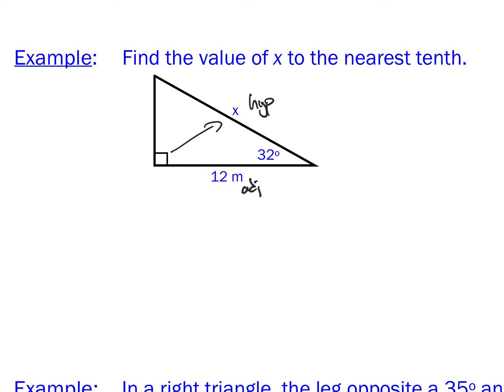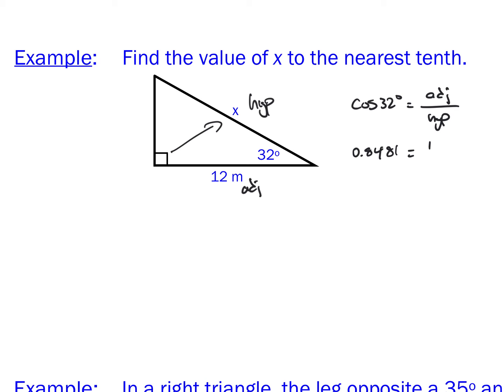So using SOHCAHTOA, in this case, we're doing CAH. So it's going to be cosine. Cosine of 32 degrees is equal to the adjacent over the hypotenuse. So cosine of 32 degrees is 0.8481.